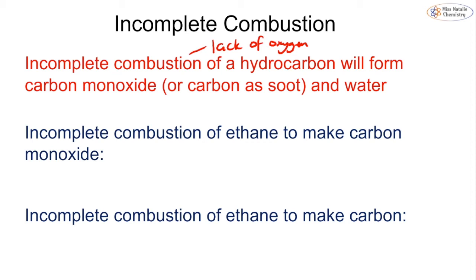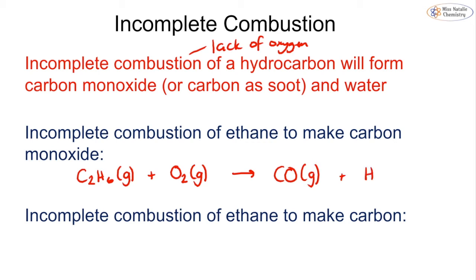So if we have the incomplete combustion of ethane, so we have C2H6, which is a gas, still reacting with oxygen, but because it's incomplete combustion, this time we're going to make carbon monoxide, and we still make the water.